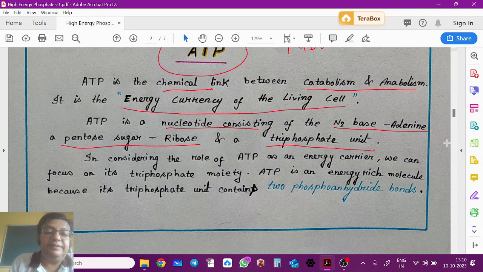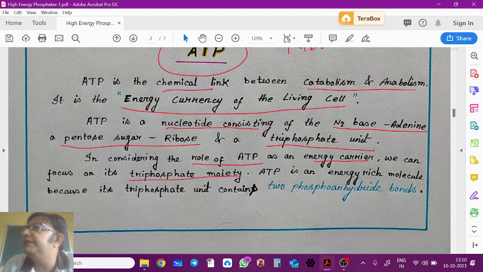For the role of ATP as an energy carrier, you have to concentrate on the triphosphate which is present. It is an energy rich molecule because of its triphosphate unit, and it contains two phosphoanhydride bonds.